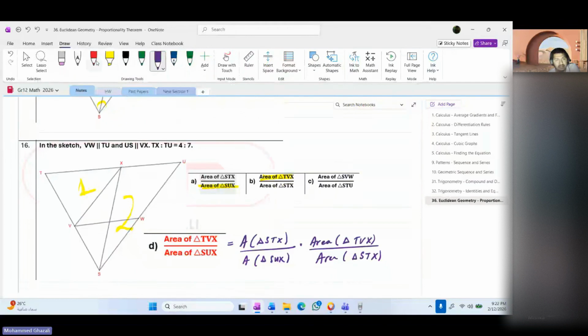See what happens, guys. Aren't those two areas kind of cancelling out? So you're finding TVX over SUX.